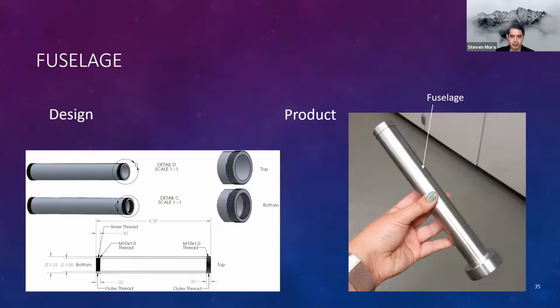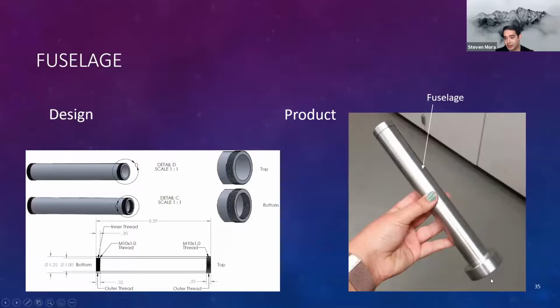One might ask, what's the purpose of the fuselage? The main purpose of the fuselage is to provide a sound structure to house the solid fuel. Not only that, but the fuselage is multi-purposed. As you can see in the picture, and as we'll discuss later in the presentation, there's a nozzle attached through these inner threads inside the fuselage.